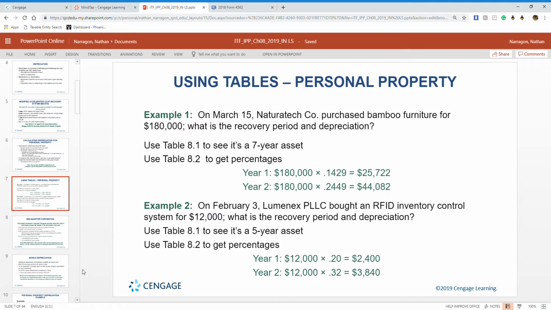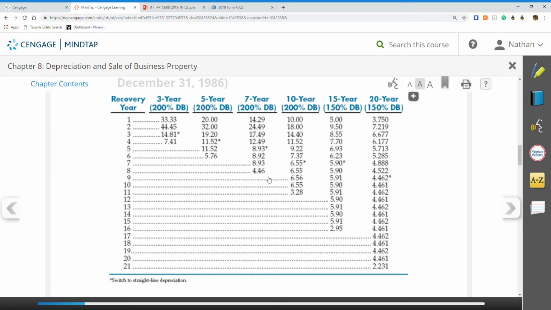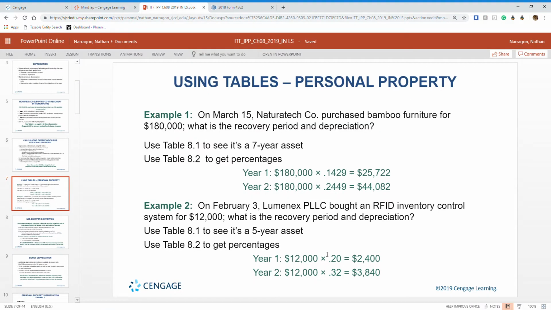Now, again, this is using the tables. These examples just did what I just told you. They went and found out that it's bamboo furniture, and we know furniture in itself is a 7-year asset, and we're going to take year 1, year 2, the cost times the percentage. Again, go into the table, there's the percentage, and there we go.